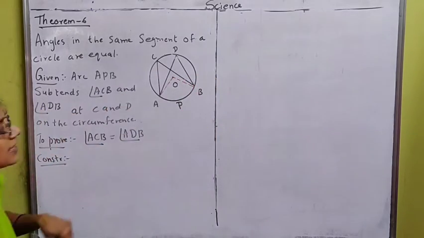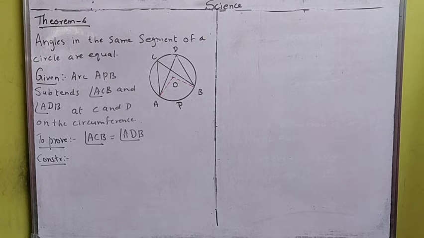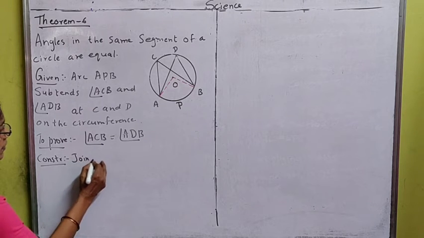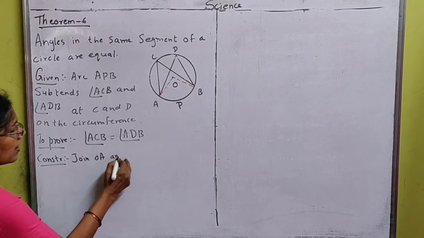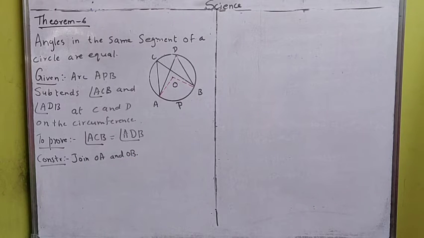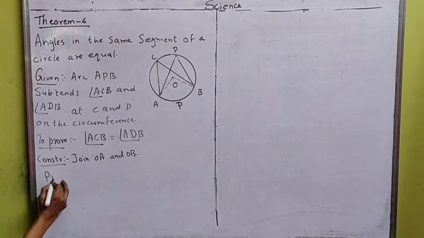So what is the construction? Join OA and OB. That is the construction.